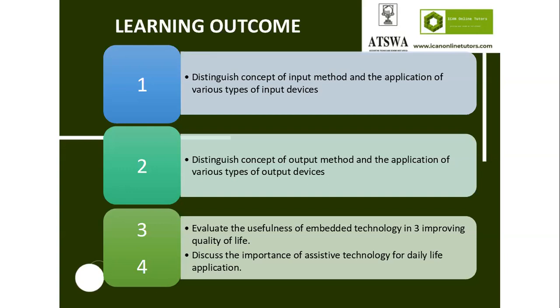Now, it's important to recap that a computer involves three major things. The first is the input, the second is the processing, and the third is the output. And we refer to this as IPO.